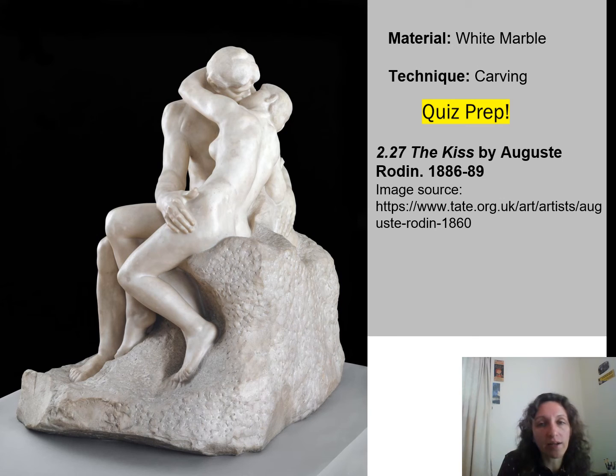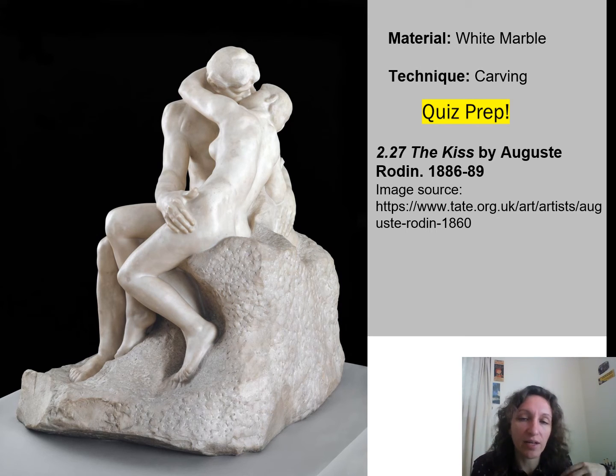This is a white marble sculpture, and the technique is carving. It's very common in Western art traditions to use white marble. This material has historical value to it, and the place that it's coming from is bringing all of this art history along with it.